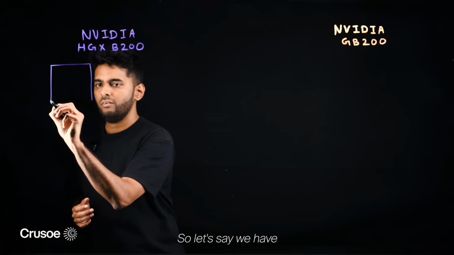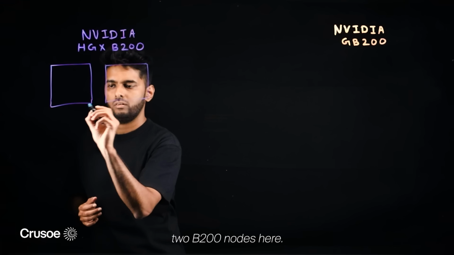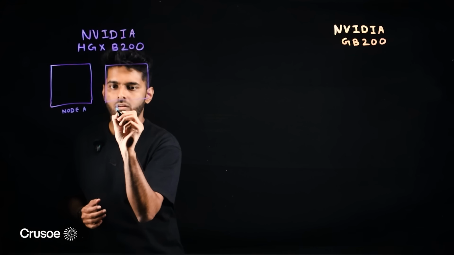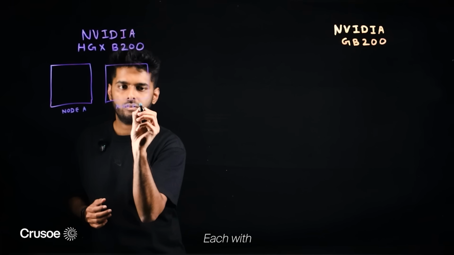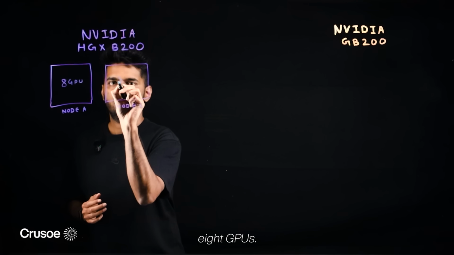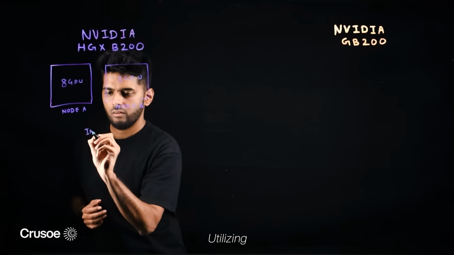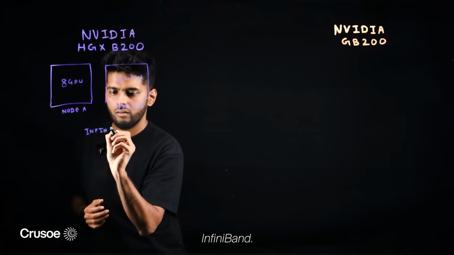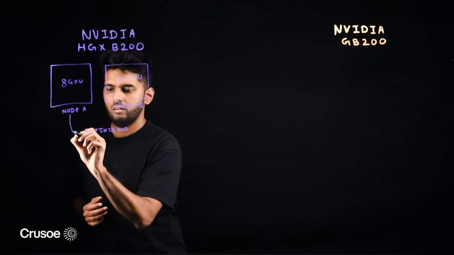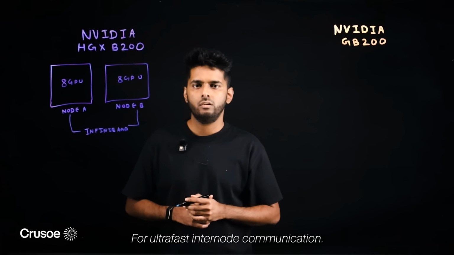So let's say we have two B200 nodes here, each with 8 GPUs, utilizing InfiniBand for ultra-fast inter-node communication.